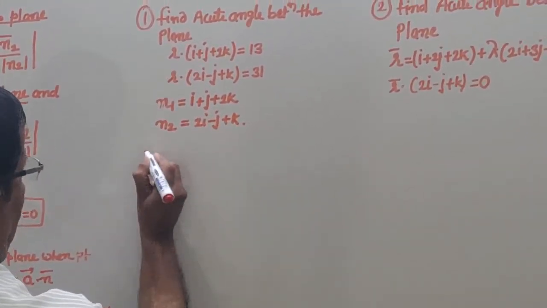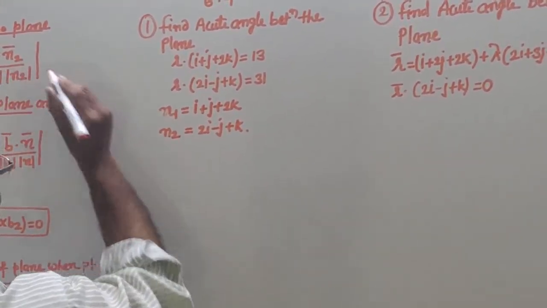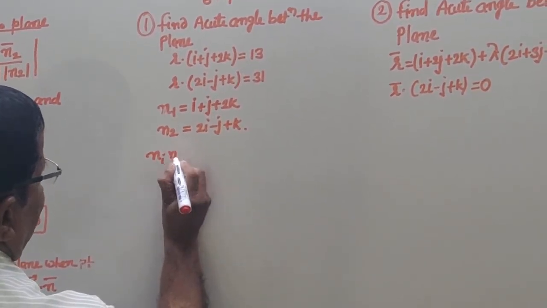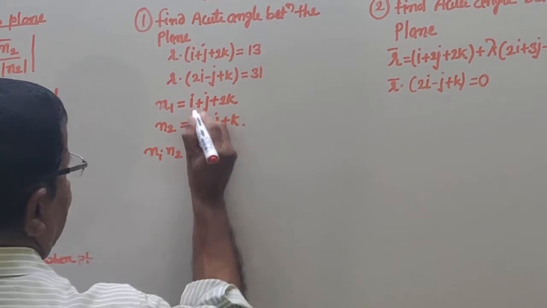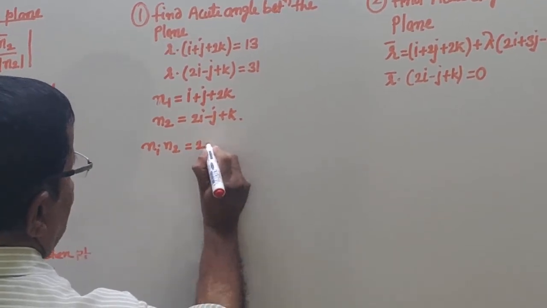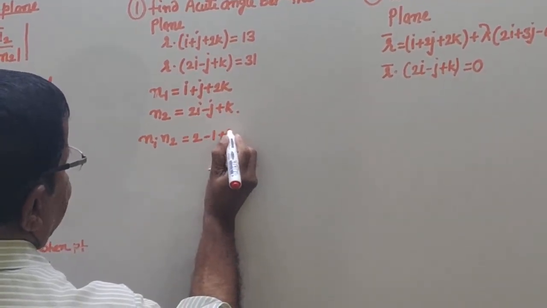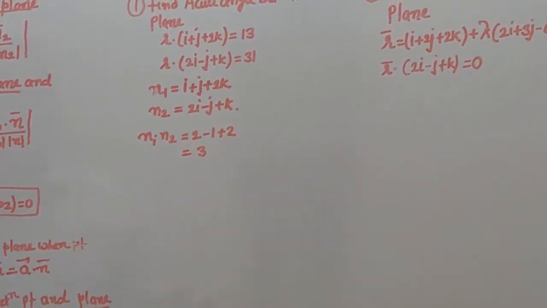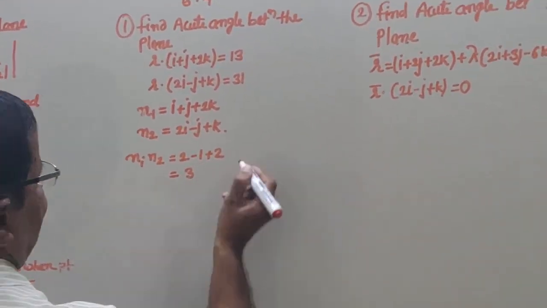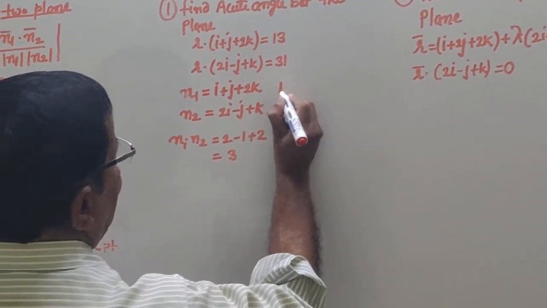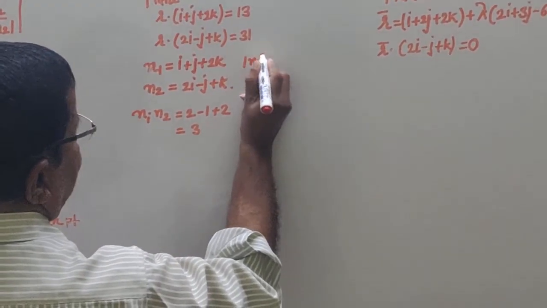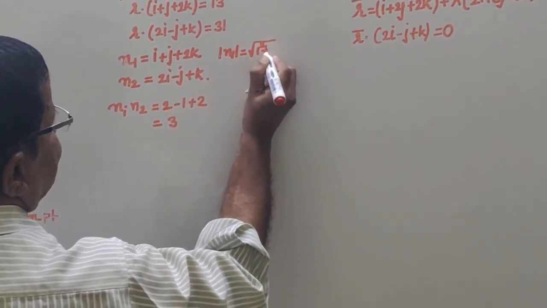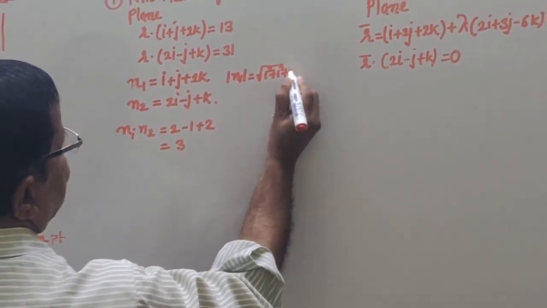Now I know the formula, so I am finding n1 dot n2. What will come here? 2 minus 1 plus 2, that is 4 minus 1, so 3 will come here. Now I can find the magnitude of n1, which is the square root of 1 square plus 1 square plus 2 square.